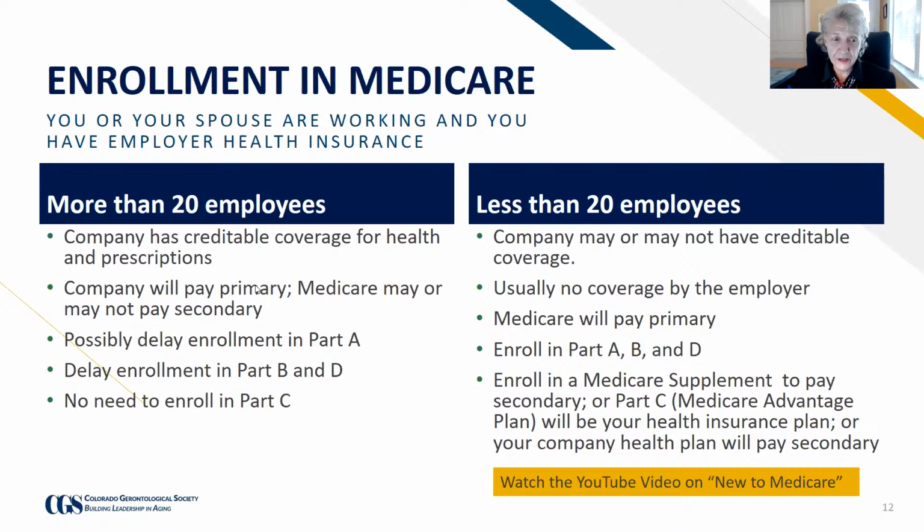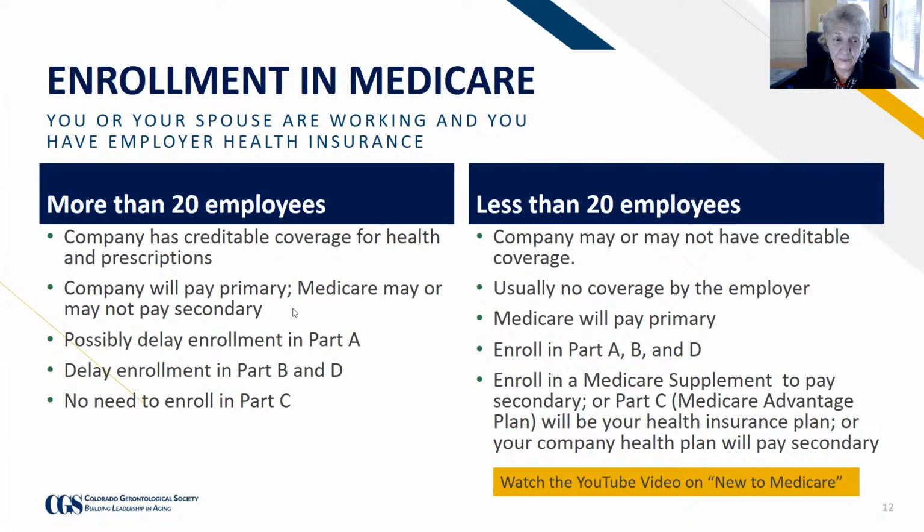When you figure out what the company's payment structure is, that will help to determine whether or not you are going to delay enrollment in Part A. Part A, as we said, was hospital coverage. So if your company is paying primary, they may or may not want you to continue to enroll in Part A. You most likely will want to delay enrollment in B and D if the company is going to pay primary and if Medicare is not going to pay secondary.